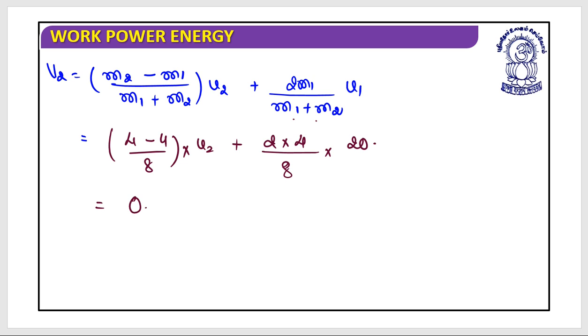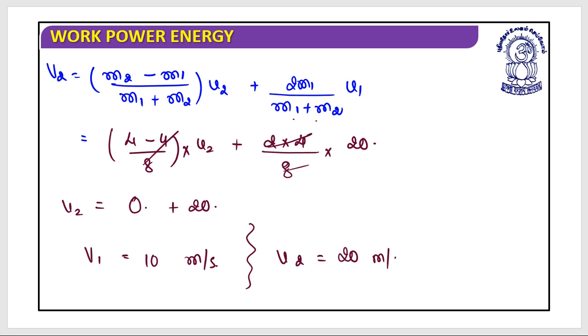So this has been 0, and this is 20. So v1 was 10 meters per second and v2 is equal to 20 meters per second. I hope this is clear.